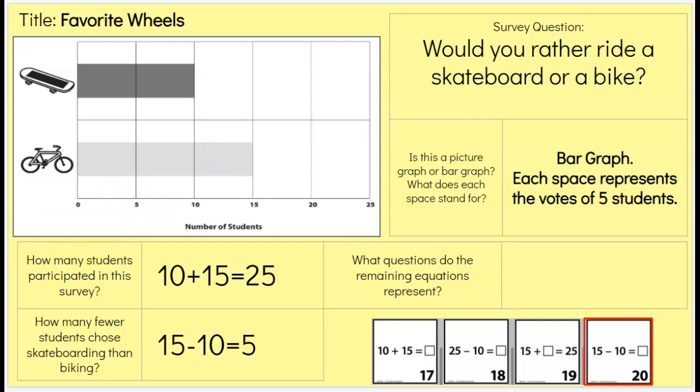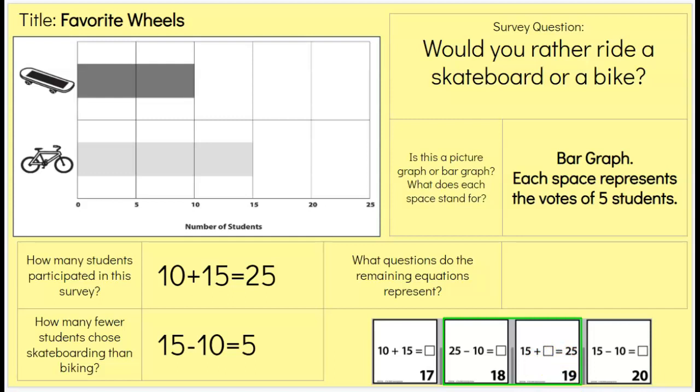Now I want you to think. What questions do the remaining equations represent? What does 25 minus 10 equals something represent? What does 15 plus something equals 25 represent?